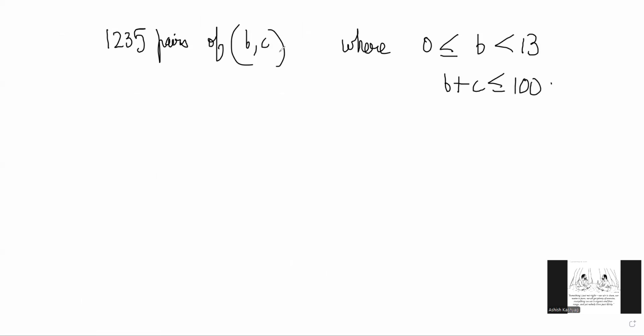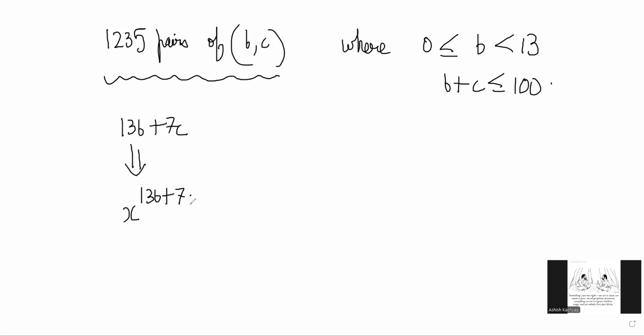The values of A are very easy. Whatever is the B plus C value, A is 100 minus B plus C, right? So we know the number of pairs here, and that they give different values of 13C plus 7B, which means they give different powers of X. So there will be 1235 terms with different powers of X.